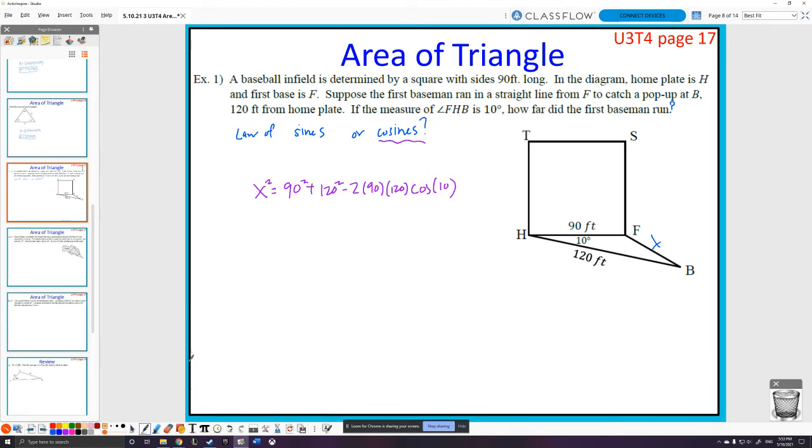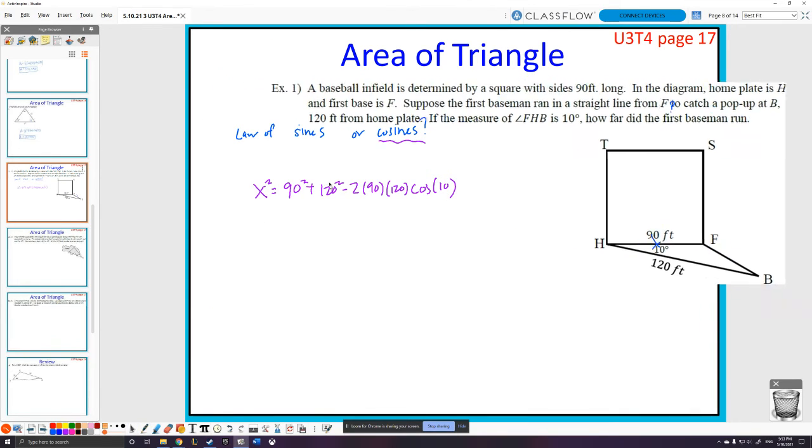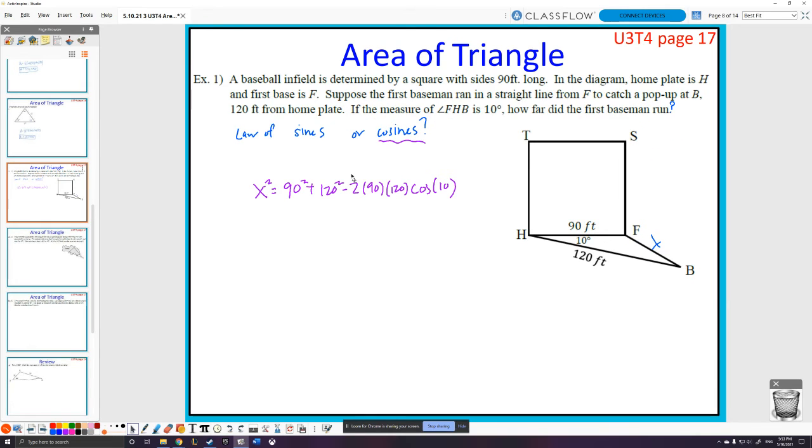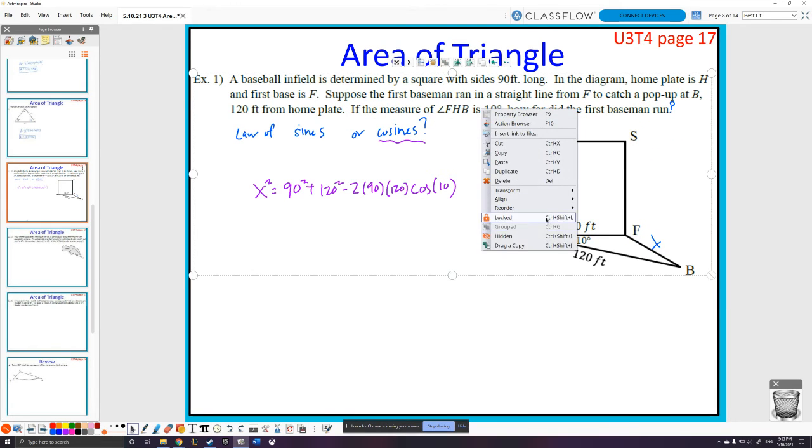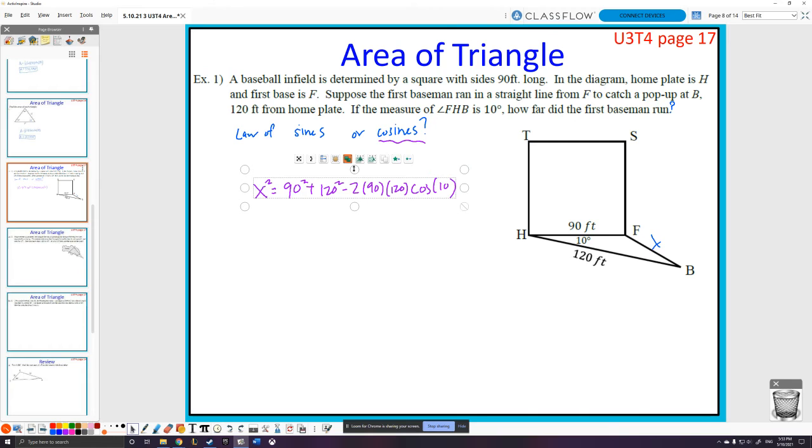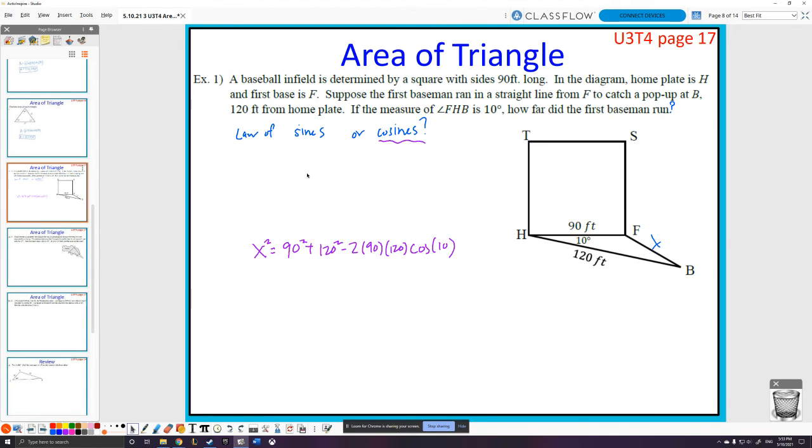And notice, I'm going to move this down for a second, just in case those that don't remember the equation are wondering where the heck you are getting this number from. Remember that the general formula is c squared is equal to a squared plus b squared minus 2ab cosine of the angle c.